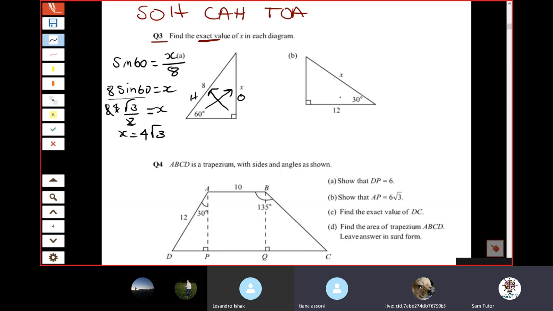All right, let's do this one. This one's going to be adjacent over hypotenuse. You're obviously going to pick cos equals adjacent over hypotenuse. In this case, when x is in the denominator, you swap your trig, so it'll look like this.